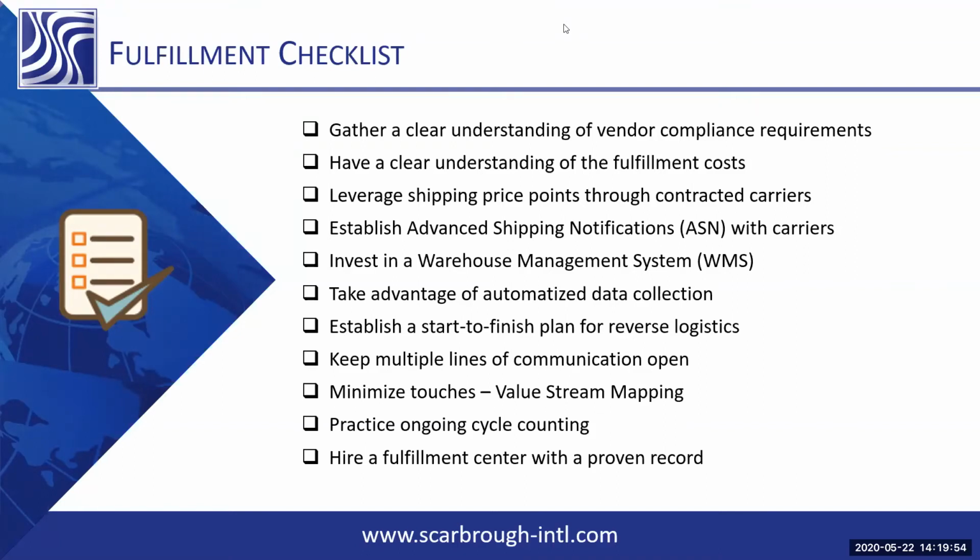The next point, take advantage of automated data collection. So that whole automated piece is key, whether that's being able to set up direct downloads of information to and from, or whether that's to get reports to and from, or tracking numbers, or whatever the case.